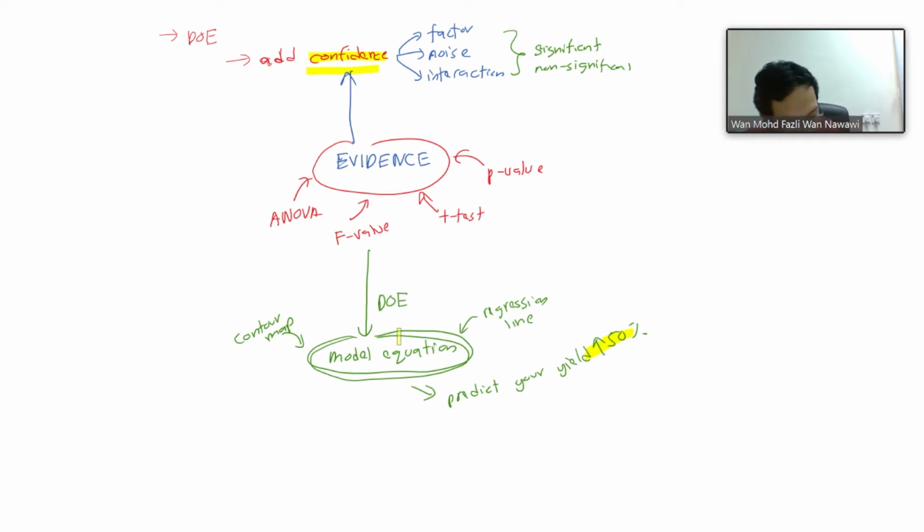And this model equation predicts what will happen if you change this factor this much, change this factor this much, and so on. And they give you some runs. If you test that run and you get what is predicted, let's say the prediction is 50% improvement and you get 50% improvement, then voila, you get what you want.